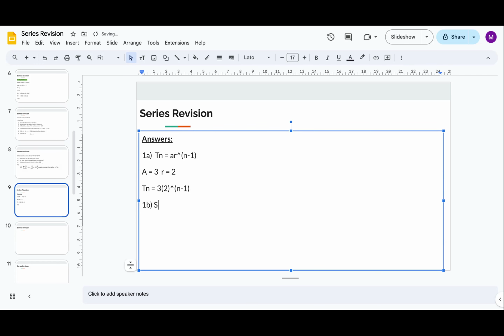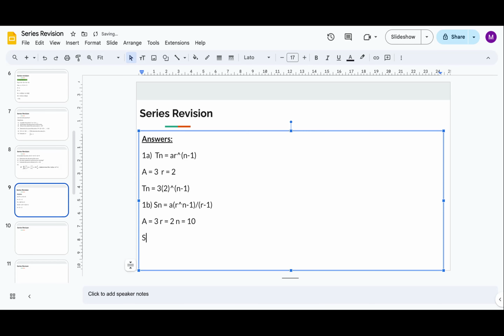Now, we know that the series, a geometric series, can be given as Sn is equal to A times R to the power of n minus 1, over R minus 1. Okay, we have all we need to calculate Sn. We have our A value, which is equal to 3, yet again. We have our R value, which we worked out is equal to 2. And the N value, which they've now told me is equal to 10.